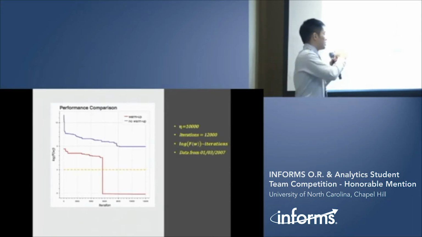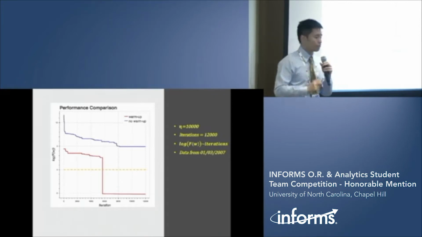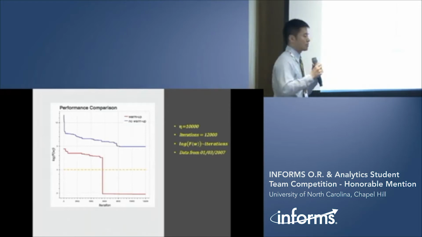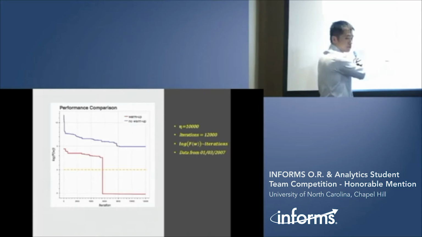And see, the x-axis here is the number of iterations, and the y-axis here is the objective value, which is in the log scale. And let's look at the chart. We can see that the result with smart initialization outperforms significantly compared to that without the smart initialization. And see, there is a very big jump in the middle of this chart, which is in red.